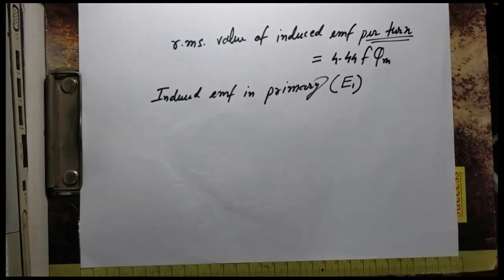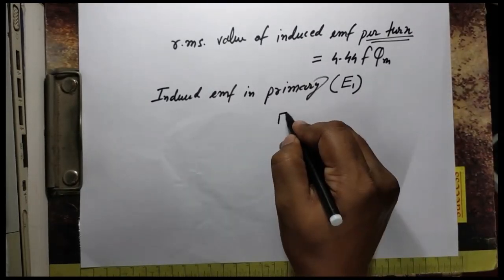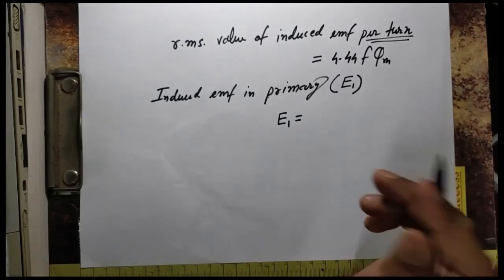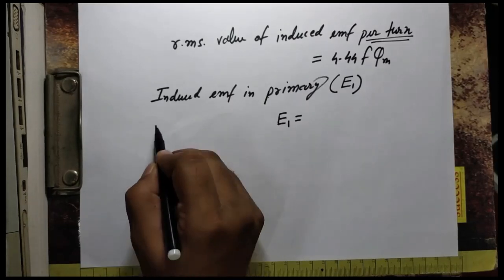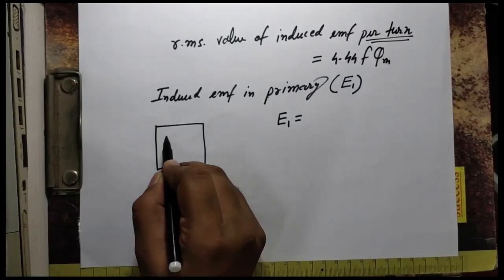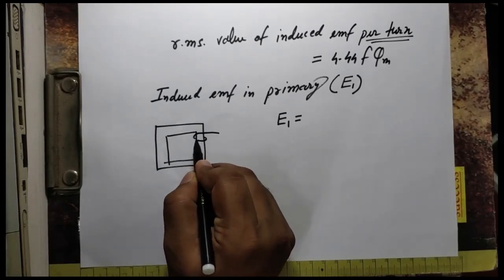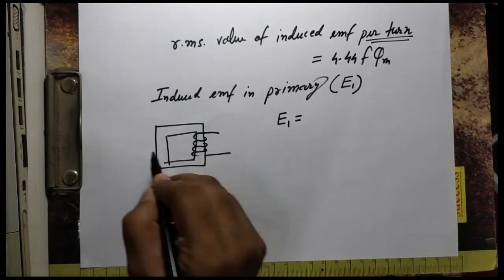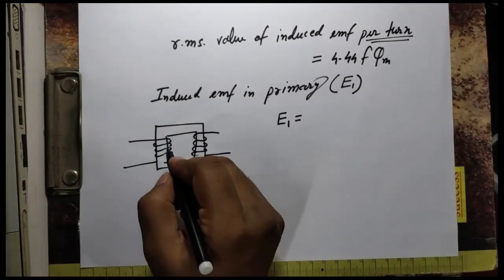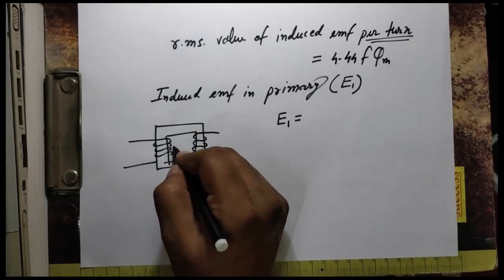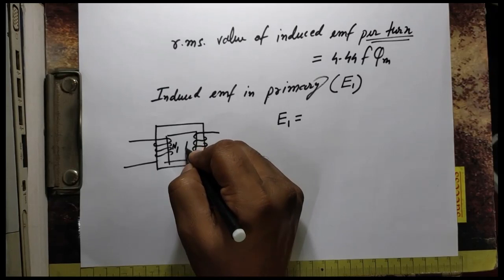Okay, so what will be E1? See here, this is the transformer, with the secondary winding and the primary winding. The number of turns in primary winding is N1, in secondary it is N2.